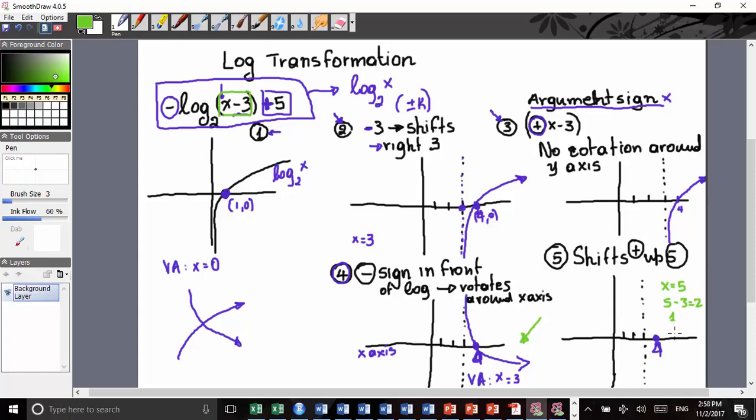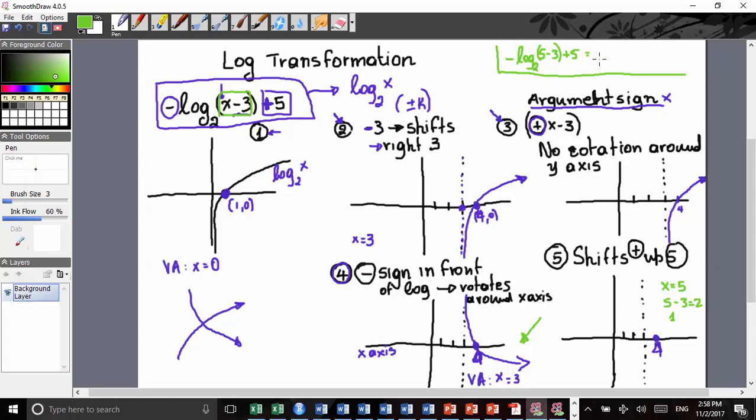So if I look right now at my logarithm, and let me write up here for you, I will have negative log with base 2 of 5 minus 3 plus 5.